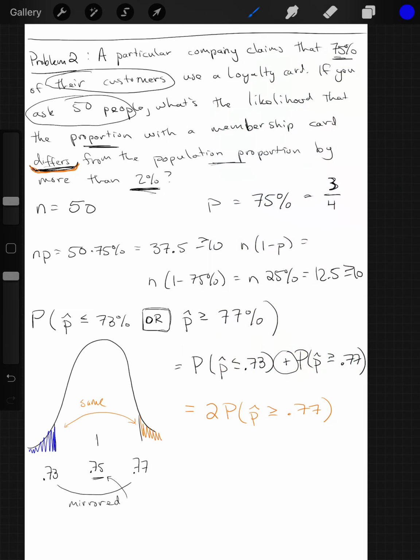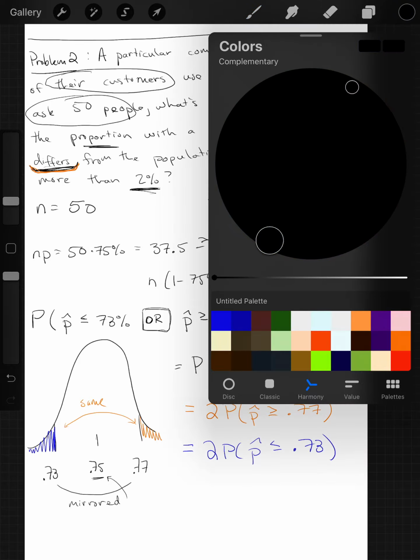I apologize. We could also say, well, if the blue and the orange are the same, we could just count the blue twice. And this is part of why it's really nice for everything to be normal, because we have this nice symmetry property.